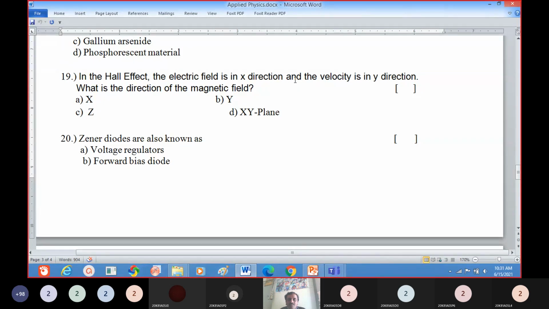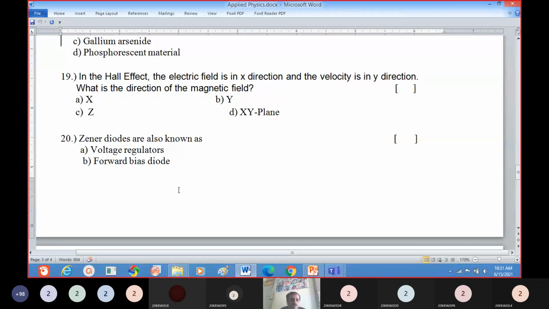The magnetic field is in the z direction, because these three are perpendicular to each other, and the other perpendicular direction is the z direction only.